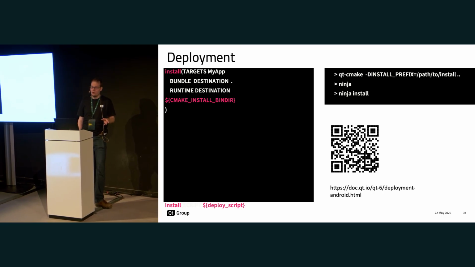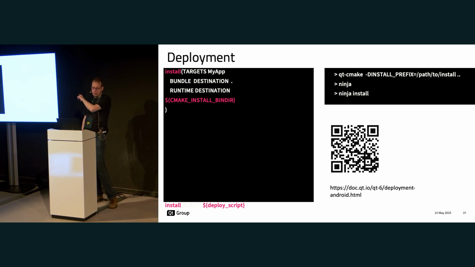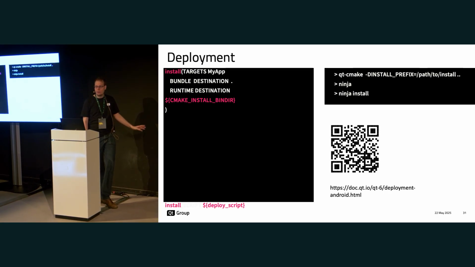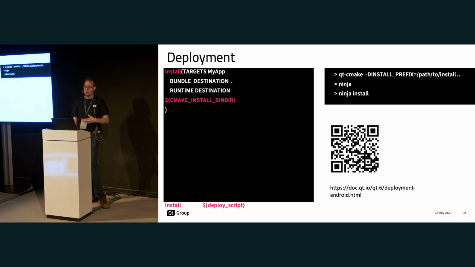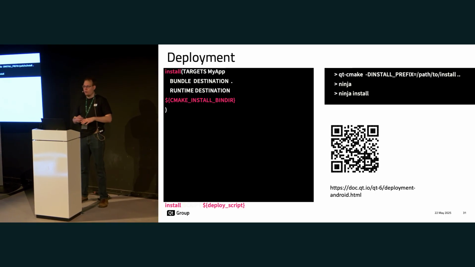I'm not going into all details here, but it helps you to create an install script for CMake. And once you have that, you can run CMake as before, run Ninja as usual to build your project, and then run Ninja install. And everything works.